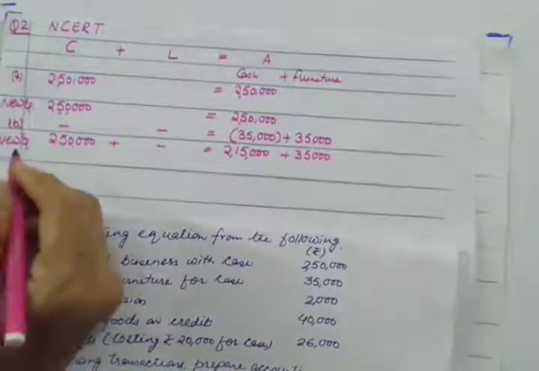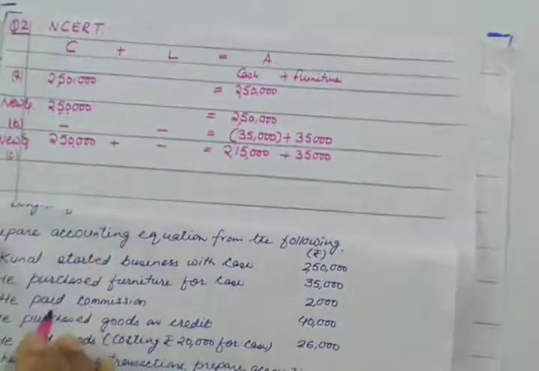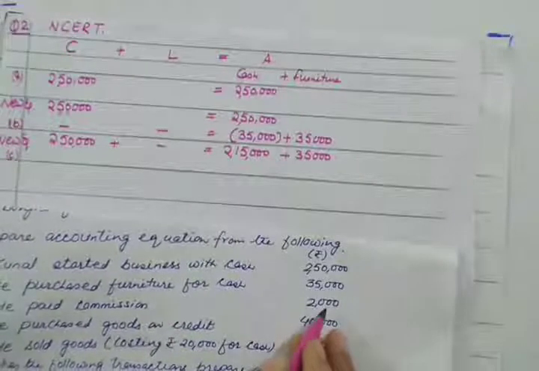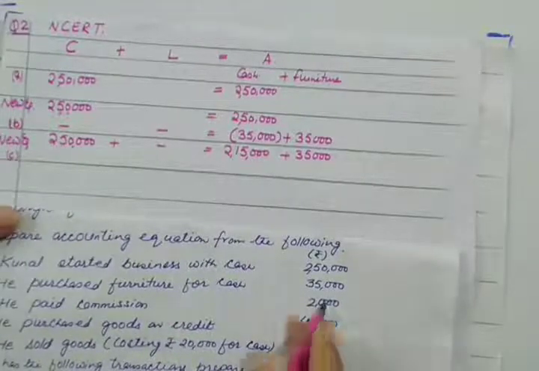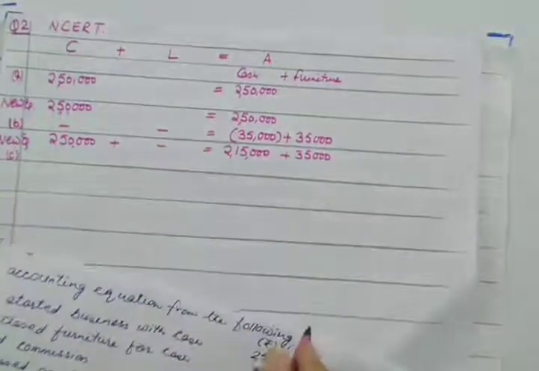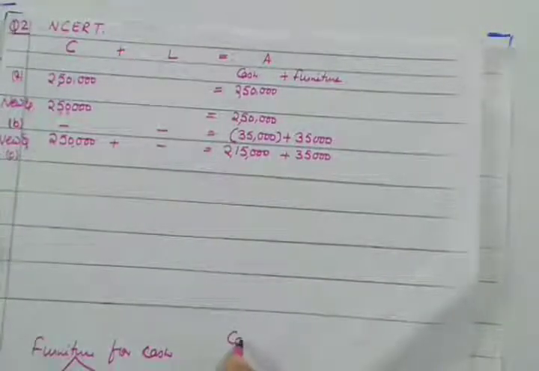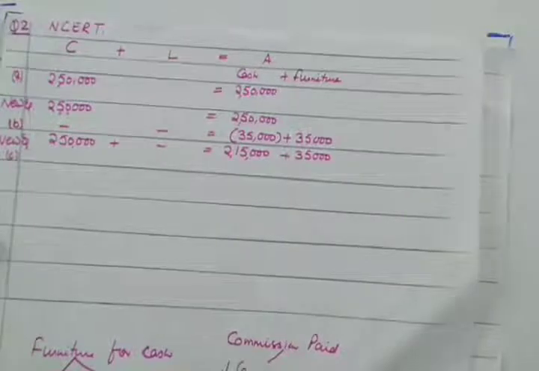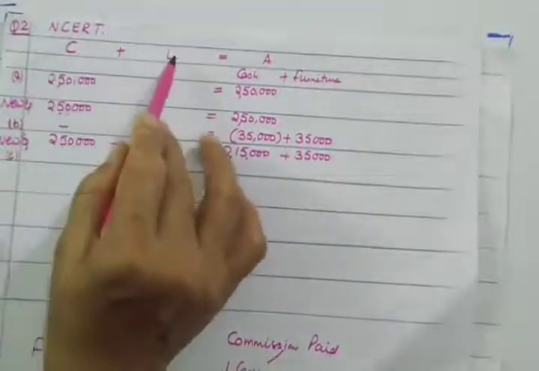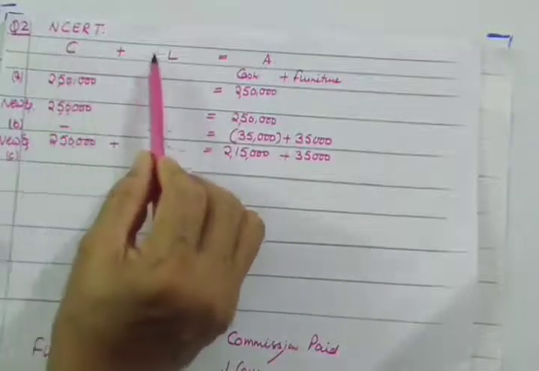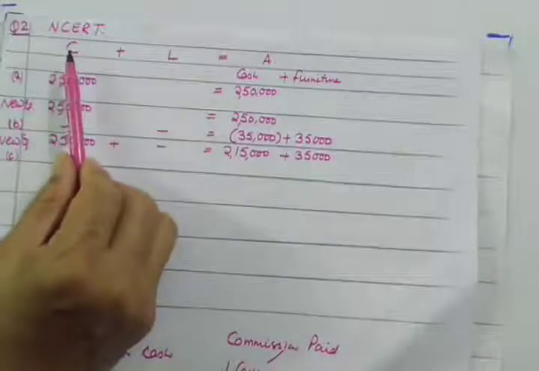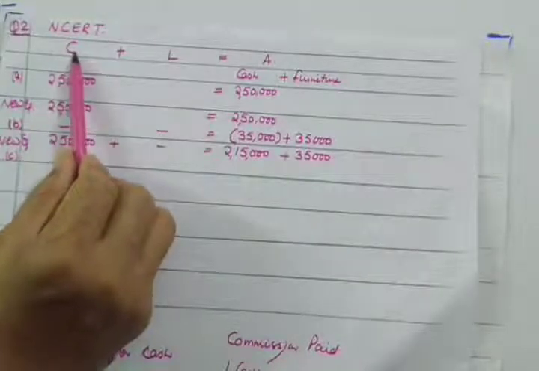35,000. Then next transaction number C, he paid commission of rupees 2,000. Now what will happen when you pay commission? Commission will reduce your cash. On one side it will reduce your cash, and because we are having only 3 columns, C for capital, liabilities and assets, there is no separate column for expenses. So all the expenses will be treated from capital.